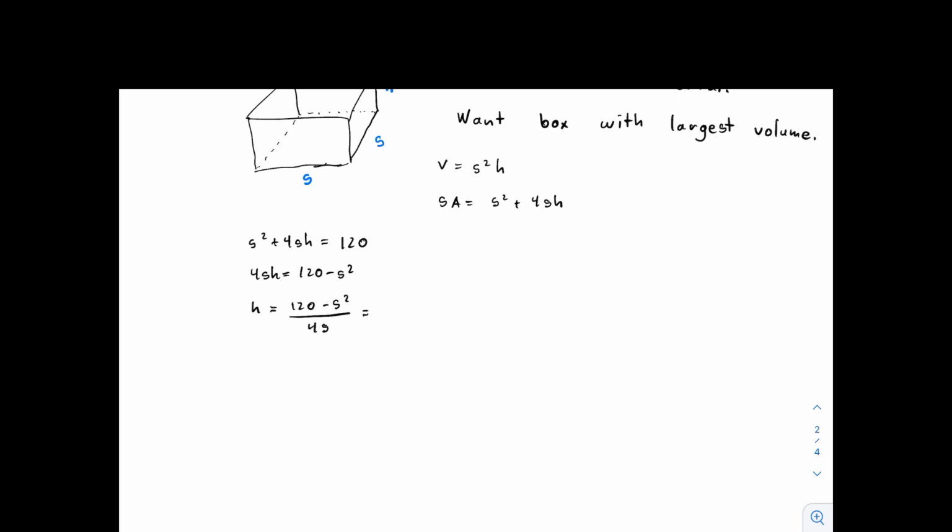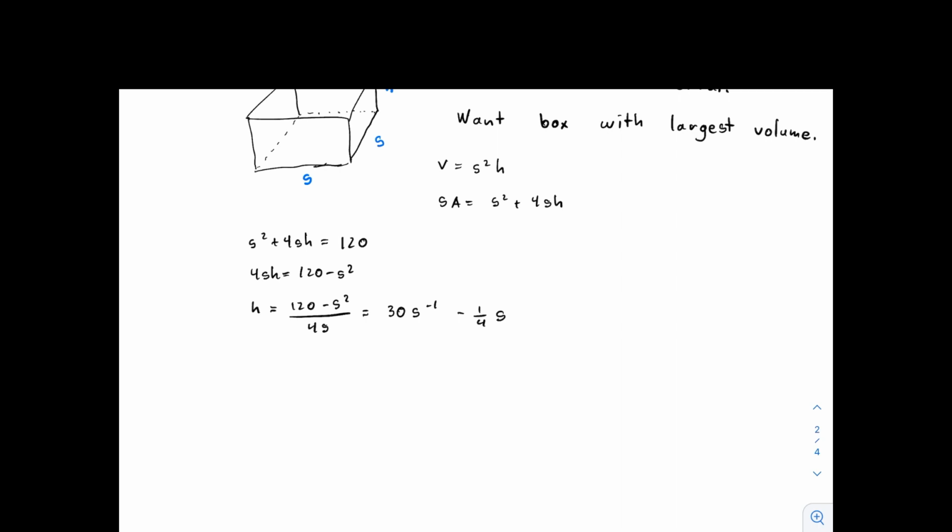So writing this in a slightly simpler way, this is 30 s to the negative 1 power minus 1/4 times s.